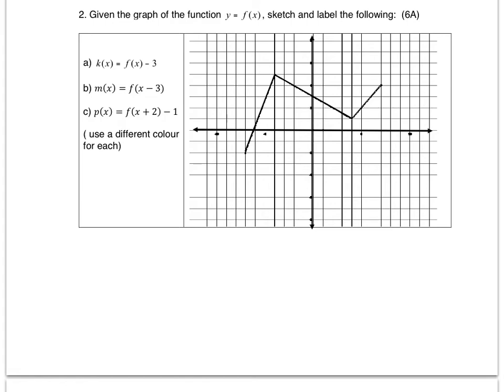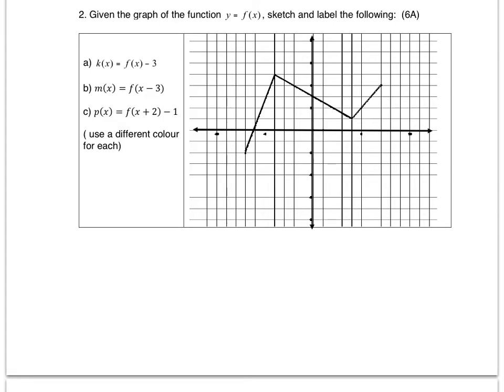Let's do the first one, which is f of x minus 3. If we look at this one, this means that for every point on the graph, the y value is going to be subtracted by 3 units, meaning that the graph is going to be shifted downward 3 units.